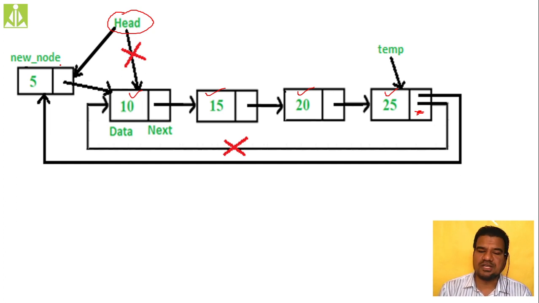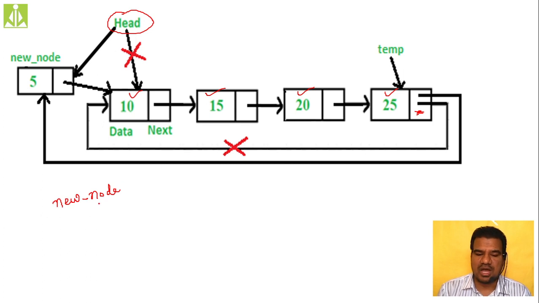What modifications we have to do over here? This node we have to create first, isn't it? This new node we have to create, that is new_node. It is very simple: Node star new_node equals new Node constructor call.